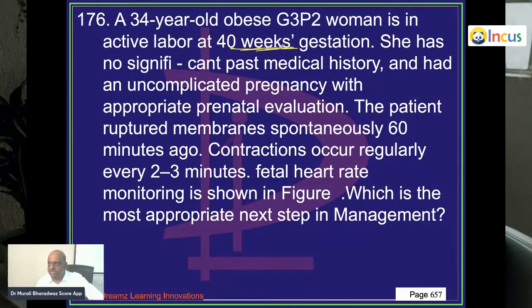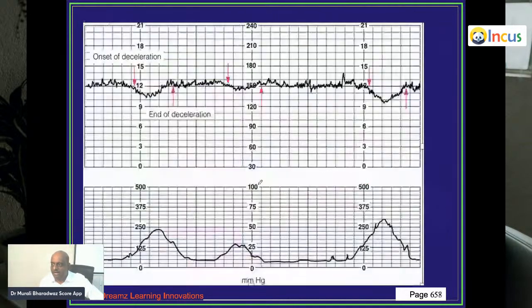34-year-old, 40 weeks gestation, ruptured membranes, and fetal heart rate monitoring is done. So what is this which you are seeing on the fetal tocography, doctor?